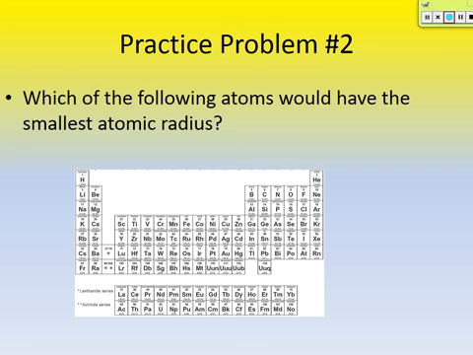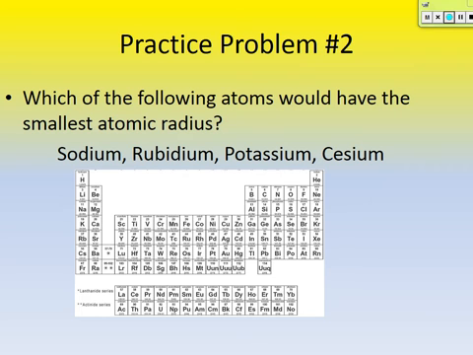Okay, practice problem number 2. Which of the following atoms would have the smallest atomic radius? Let me point them out for you. Sodium is right here. Rubidium is right here. Potassium is there. And cesium is here. Now again, let's draw that trend.